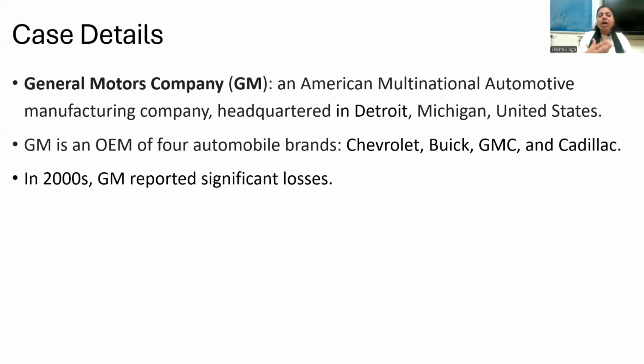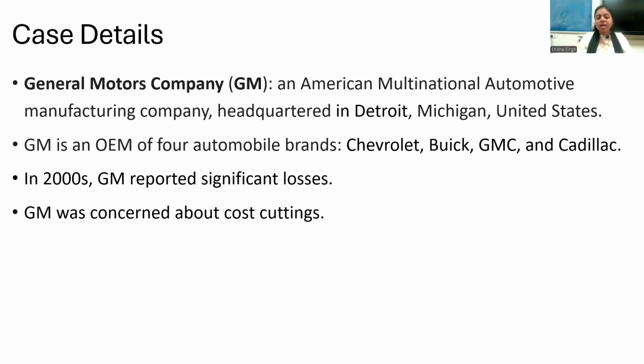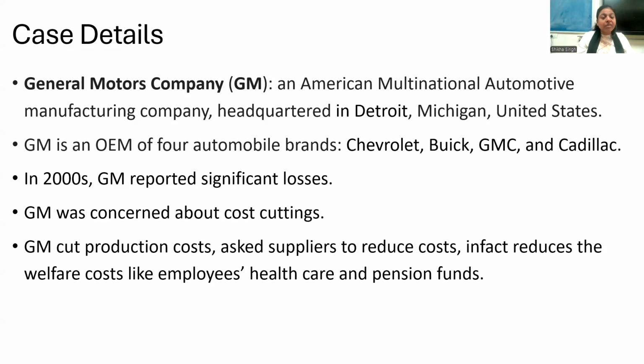Along with this, one more insight into this case: General Motors reported significant losses in the 2000s, and GM was concerned about cost cutting. Due to their losses, they were concerned about cost cutting. So what did they do?